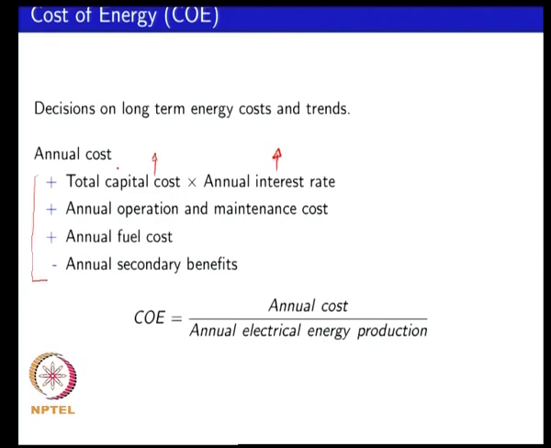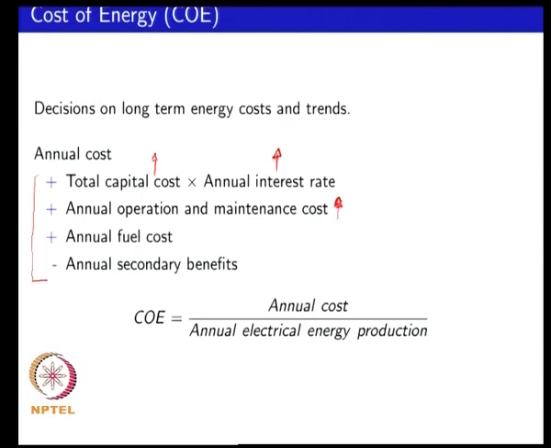If you look at the lifetime over which you are doing these calculations, it is over the lifetime of this equipment. So, you might be talking about 20 to 30 years. And if you look at your operation and maintenance cost, there are two issues associated with it. If your equipment is less reliable, you would have higher operation and maintenance cost.